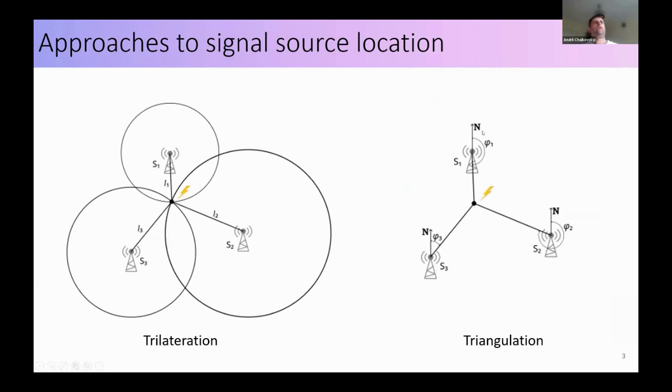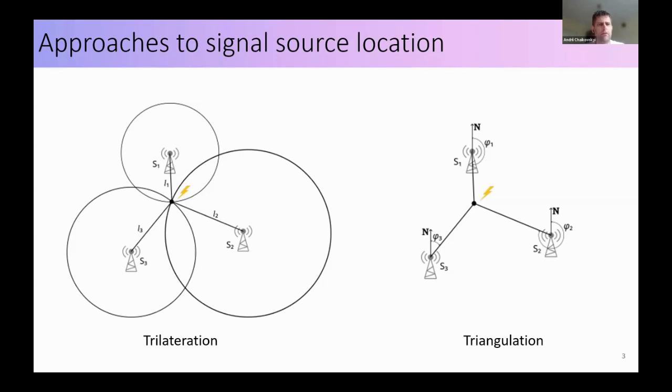For location of the signal source, there are two main methods that are used. One is trilateration and another is triangulation. Trilateration implies using at least 3 synchronized detection stations, measuring subtle differences in time of arrival of the signal and solving the equation for unknown coordinates.